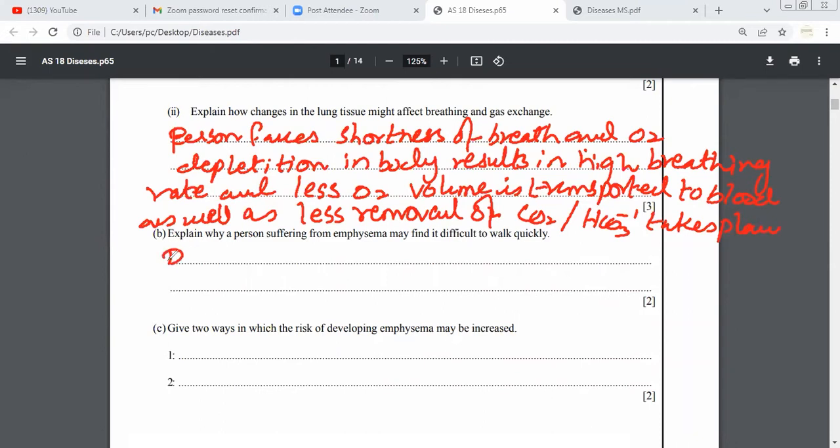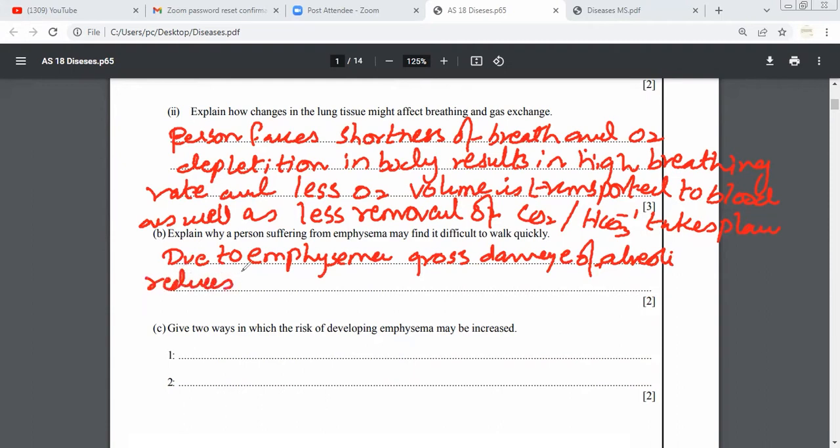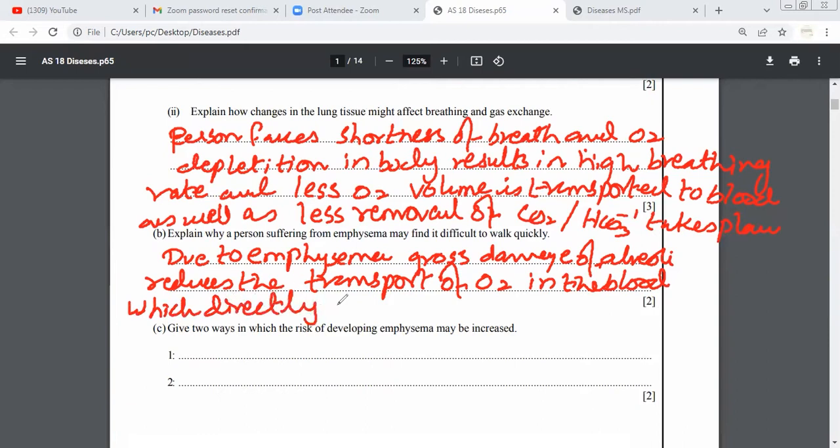As we know that due to emphysema, gross damage of alveoli reduces the transport of oxygen in the blood, which directly affects the aerobic respiration and ATP synthesis.